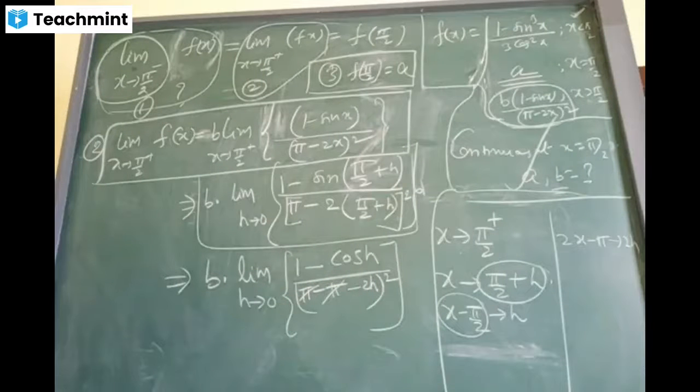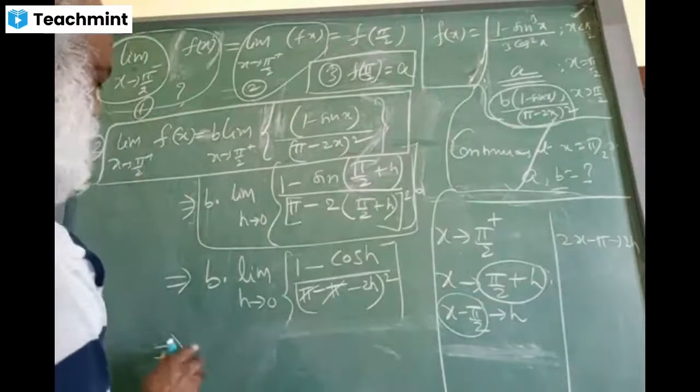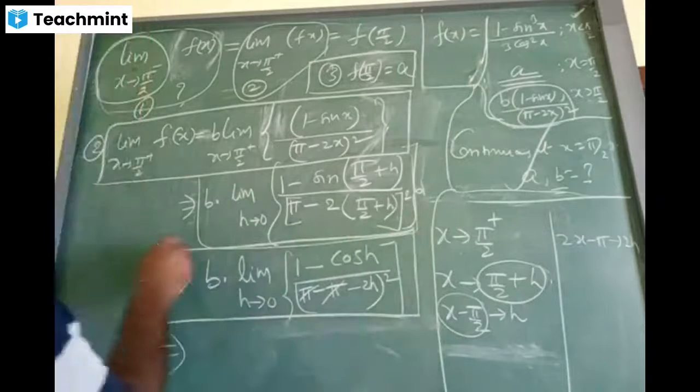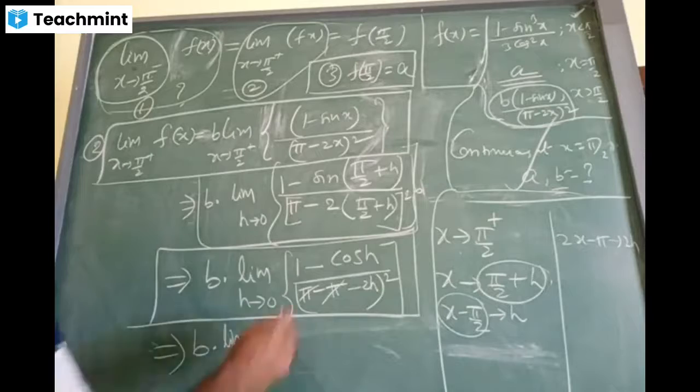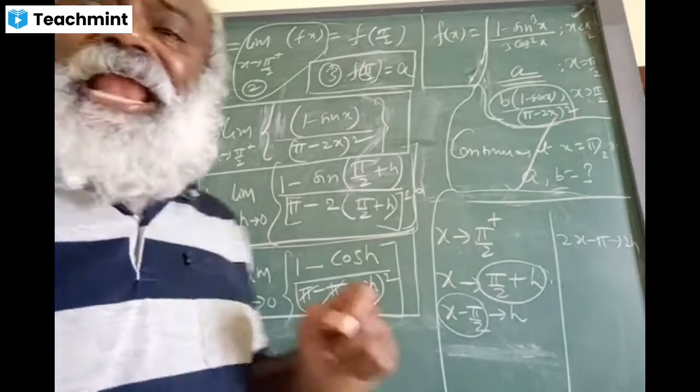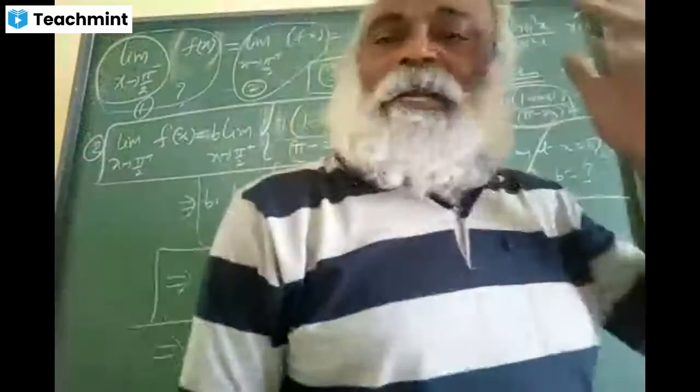Friends, if you are able to see the board, I'll write one more step. Limit h tends to 0, 1 minus cos h. Can anybody tell this, what is the formula for 1 minus cos h?